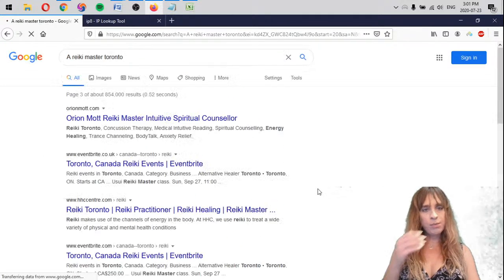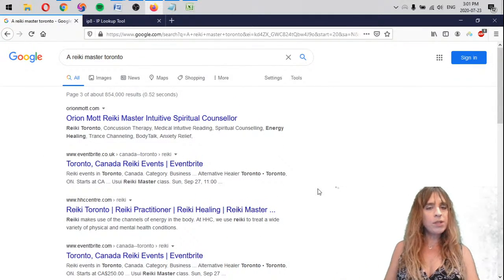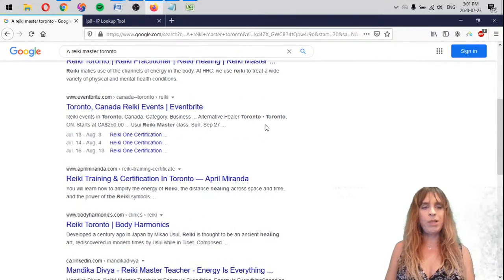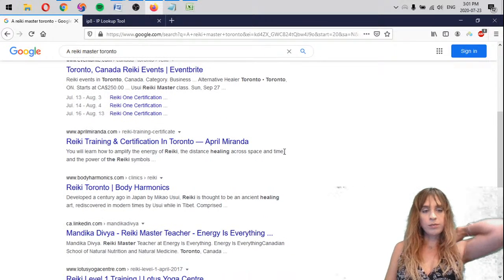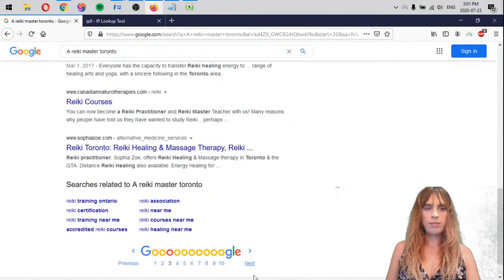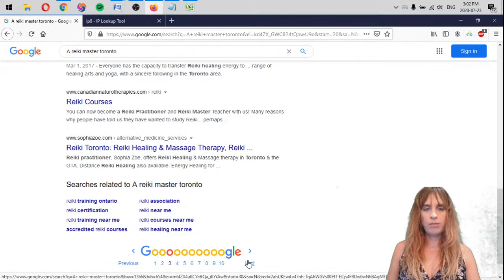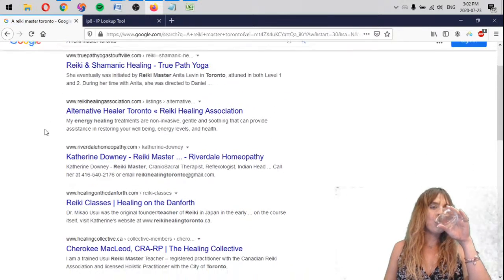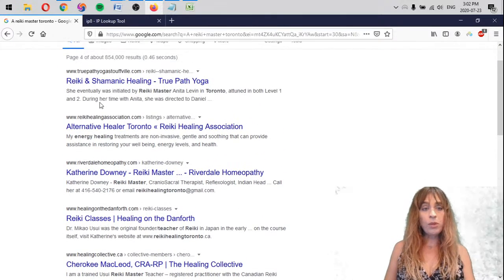Ever heard that phrase, SERPs? Search engine ranking positions. These are the SERPs, like the different places that people rank. Ooh, up in Stouffville.